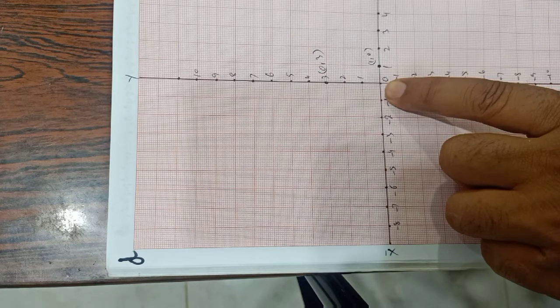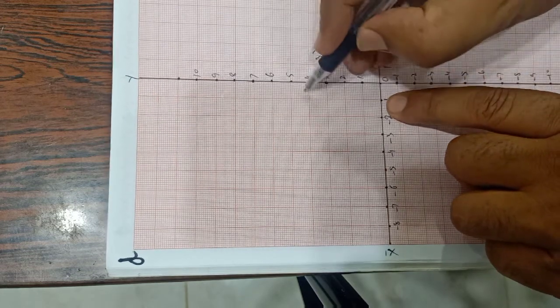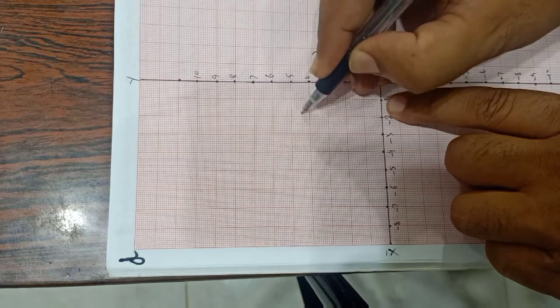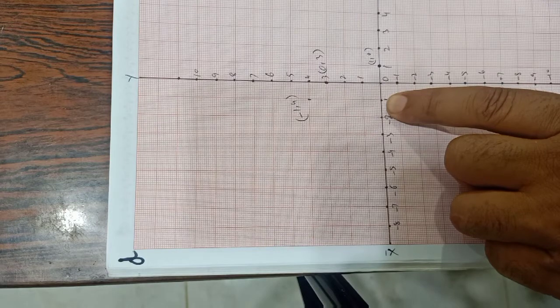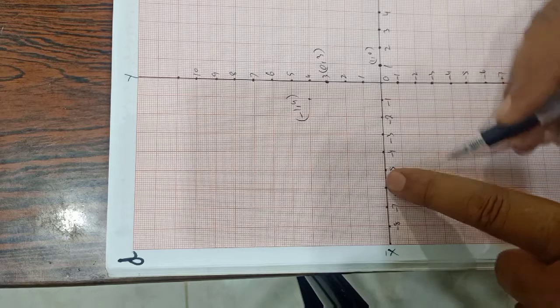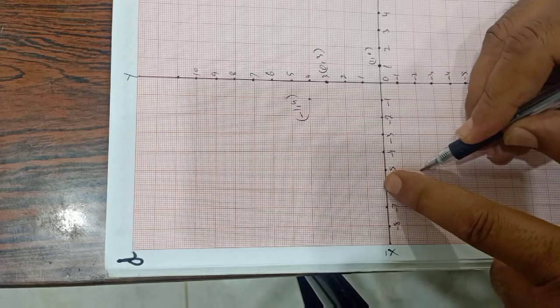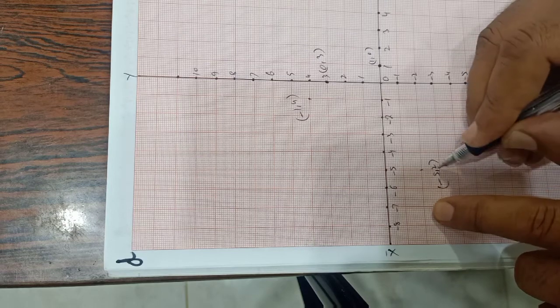And then next is minus 1 and 4. So the coordinates are minus 1 and 4. And the last pair of coordinates is minus 5 and minus 2.